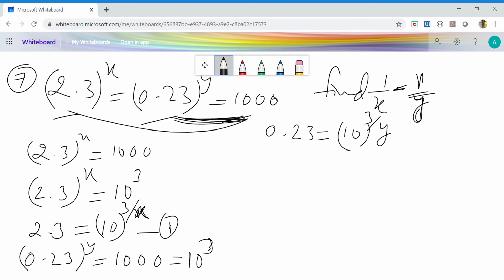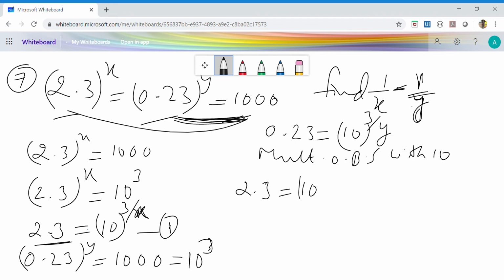But I want to multiply this with 10, because in the first equation I have the 2.3 value, so here also I want to make it as 2.3. Multiply on both sides with 10. Then this becomes 2.3 is equal to 10 to the power of 3 by y into 10 to the power of 1. Here apply the laws of indices: a power m into a power n is equal to a power m plus n. So 10 to the power of 3 by y plus 1.